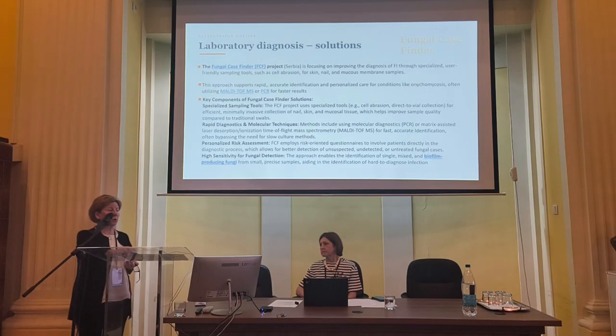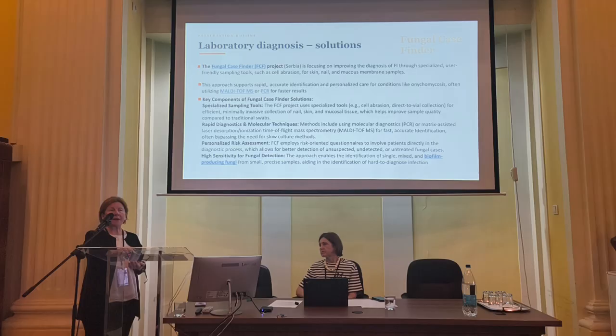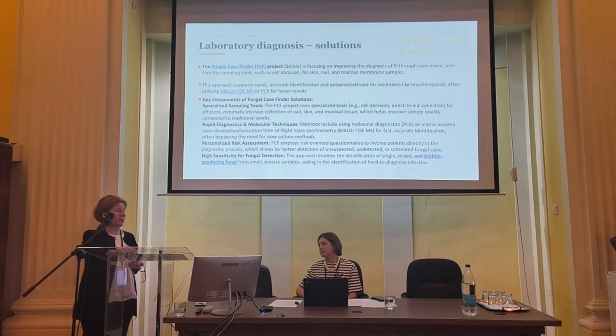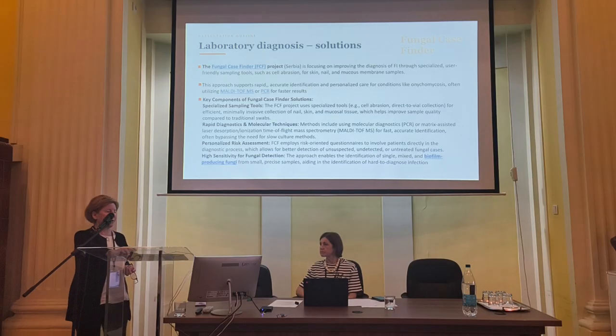And we came to one idea: to create a fungal case platform based on at least 3 things. First is a mobile app, and you will be able to test this platform today in the last session.